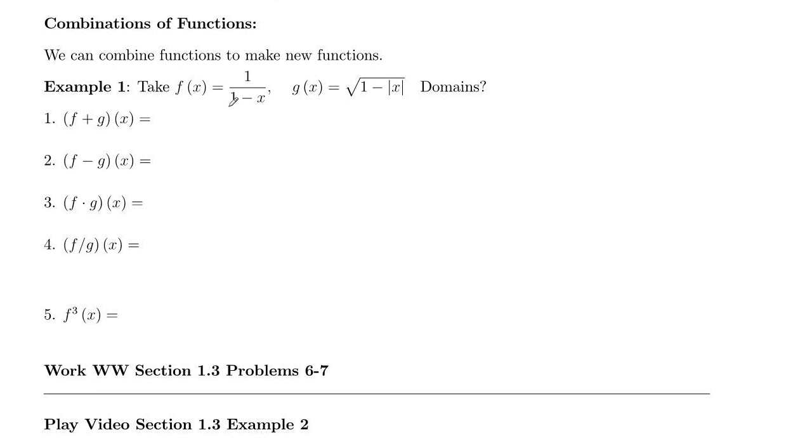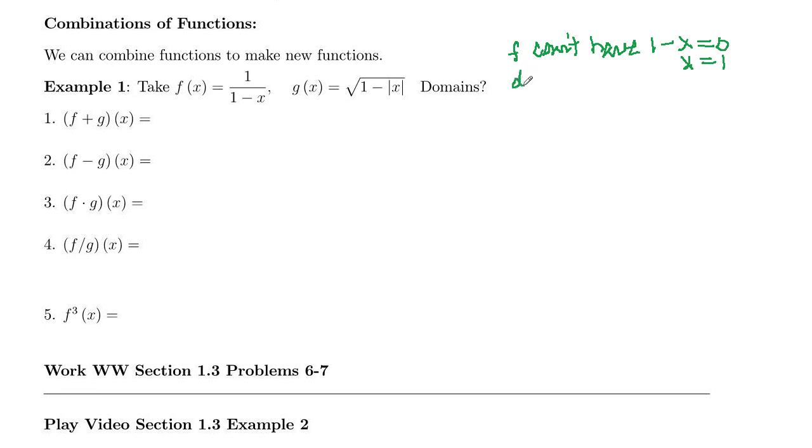So here, this is a rational function, so we can't have the denominator equaling 0. So for f here, we can't have the 1 minus x equals 0. Bring the x over so we get x equal 1. So we can't have x equal 1.